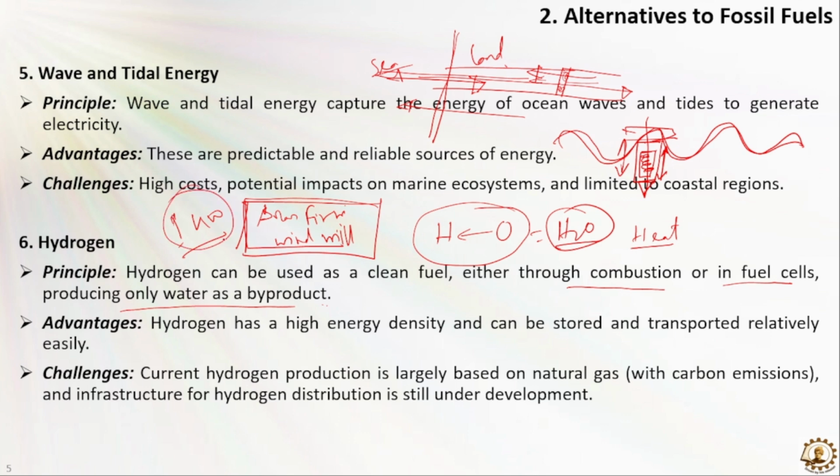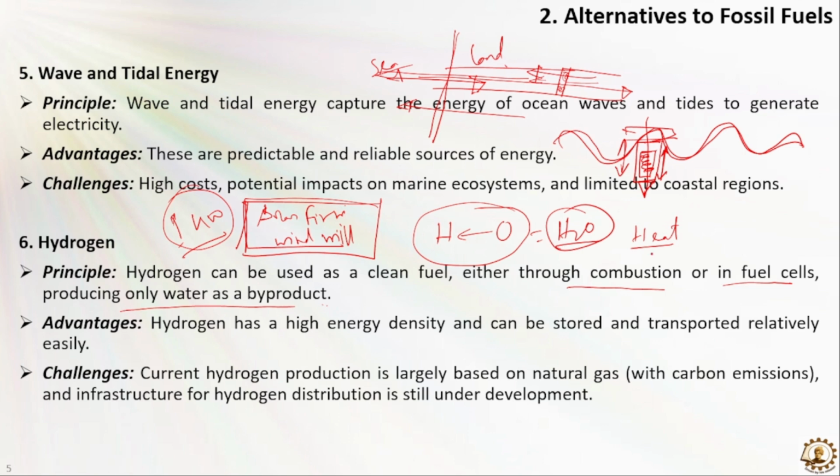So the energy density is very high for hydrogen fuel, as well as for nuclear energy. From a very small amount we can generate a very large amount of energy. That's why we are now focusing on vehicles and everything based on hydrogen fuel or hydrogen cells.